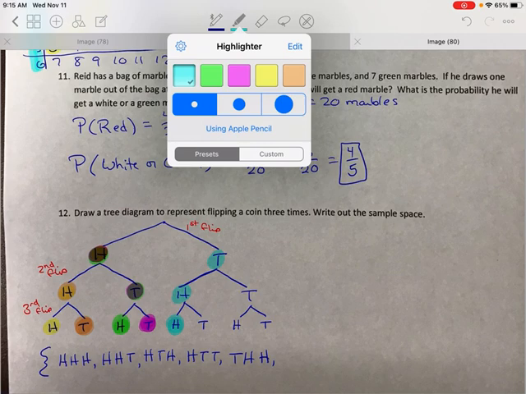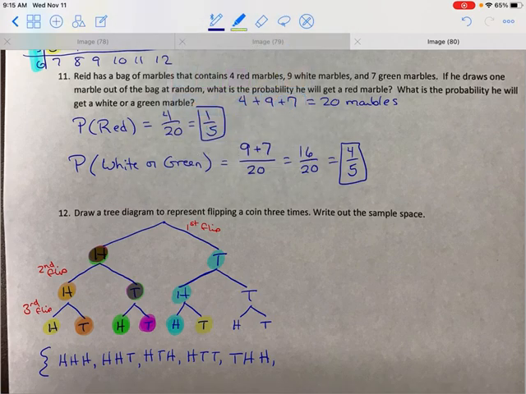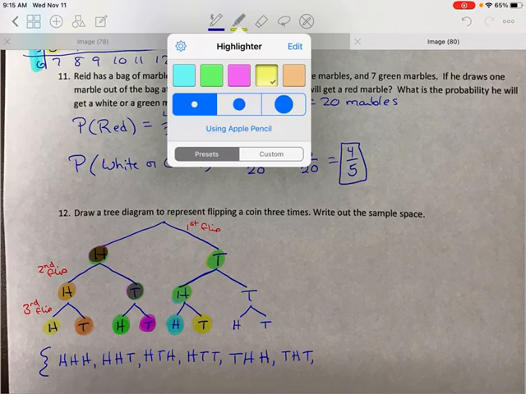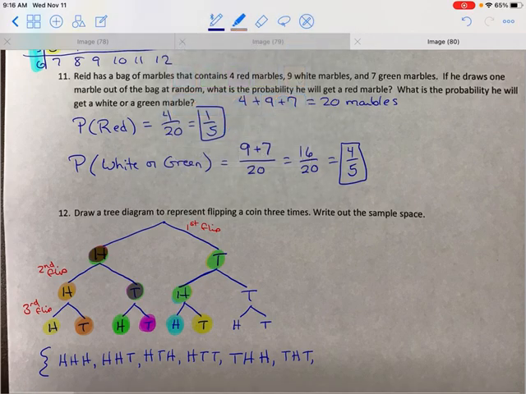And then to get to this one, I would go tails, heads, tails. Okay, let me do a different color. Let's try orange. To get to this one, I would have to go tails, tails, heads. And then you can probably see the last one. To get to here, I would go tails, tails, tails.